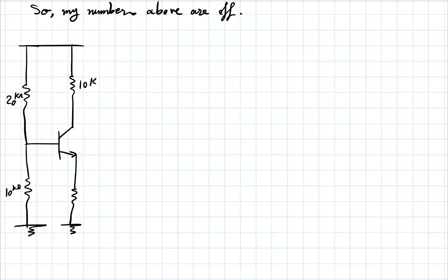This was 10 kilo ohm. Now I know that I should not assume that this is negligible. Let's keep it there. I'll call this I1, I2, and this was 20 volts. IE, IC.